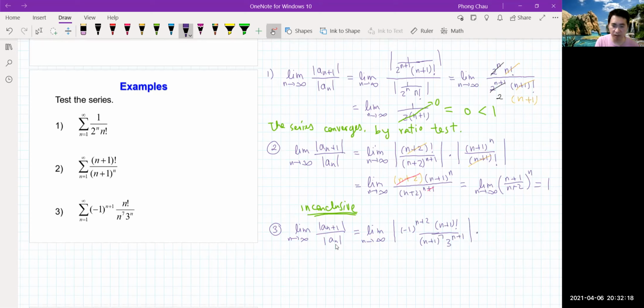Instead of dividing by a sub n, we multiply by the reciprocal of this, turning the denominator into the numerator, so that is n^7 times 3^n. The denominator would be (-1)^(n+1) times n!.